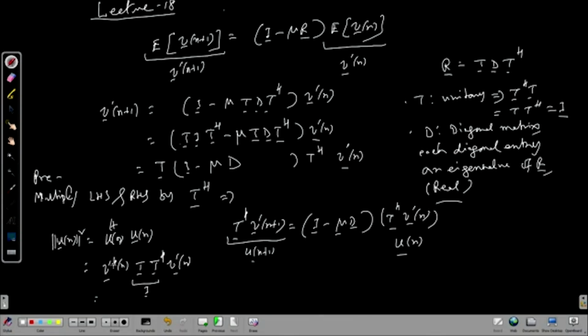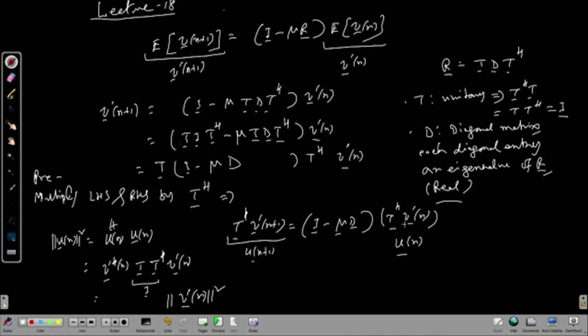So, it is nothing but V prime H V prime, which is nothing but V prime n norm square. So, you see U n and V prime n have the same length, same power, that is same norm square, if one is obtained from the other by pre-multiplying by a unitary matrix. That is why I say unitary matrices preserve norms.